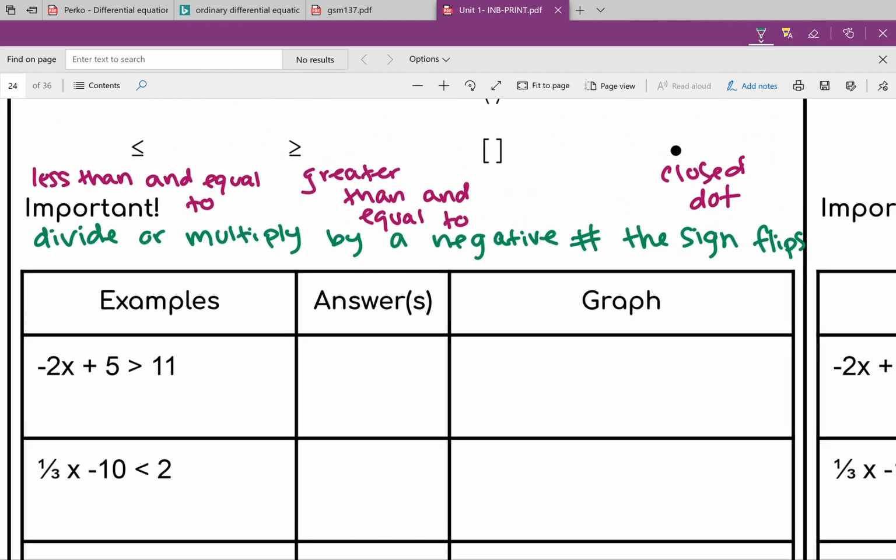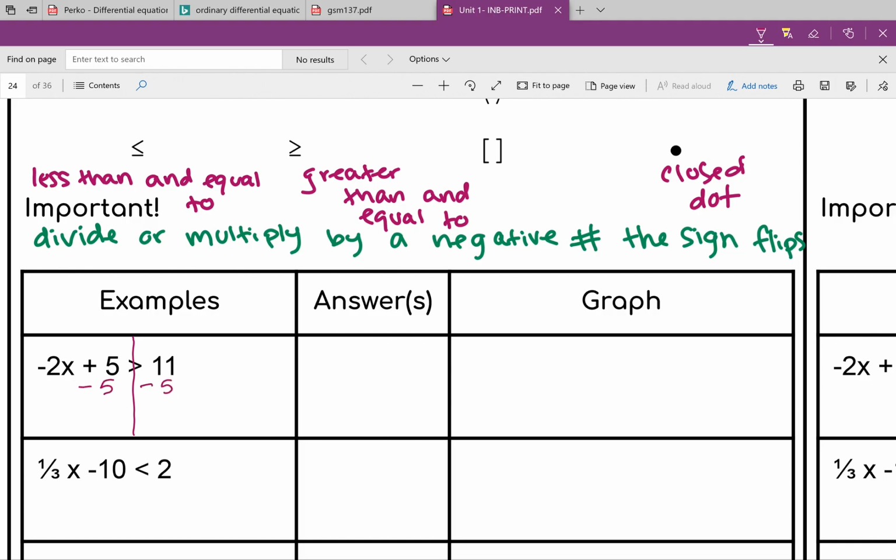Okay, so example number 1, we are going to solve this exactly like we were solving multi-step equations. Okay, so I have negative 2x plus 5 is greater than 11. So I'm going to just treat this like this is an equal sign, draw my line through it. I'm going to subtract 5.